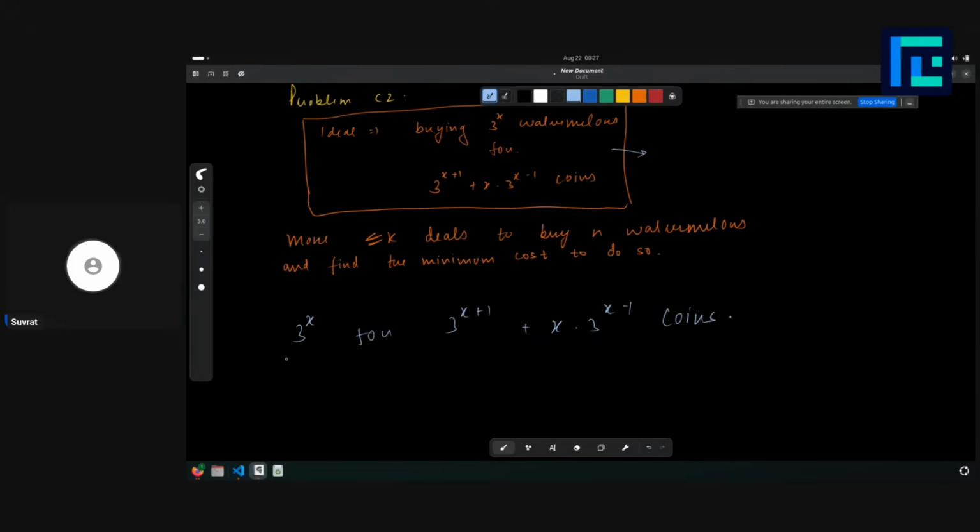So we bought 3 to the power x melons for these many points. So basically we are buying 1 melon for 3 to the power x plus 1 plus x into 3 to the power x minus 1 upon 3 to the power x coins. 1 melon for these many coins, right?